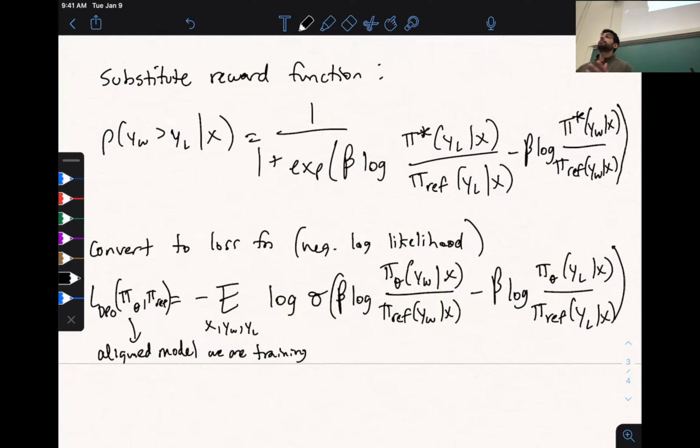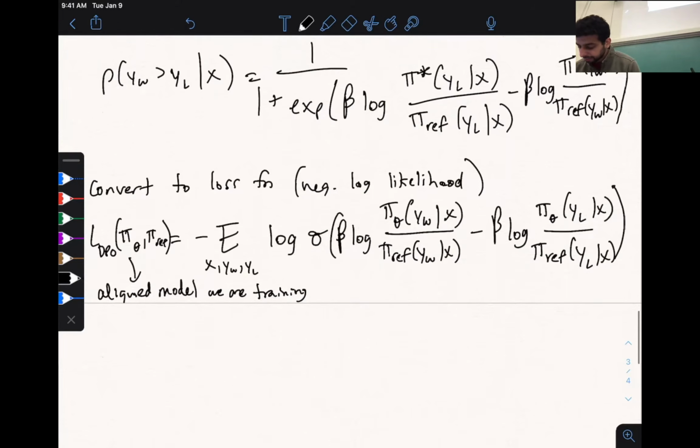We don't actually have to train a reward model because we've already solved for the optimal policy, gotten the expression for the reward model in terms of the optimal policy, and then substituted it into our Bradley-Terry preference model to obtain this loss.